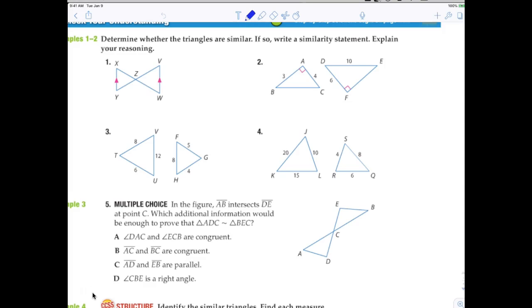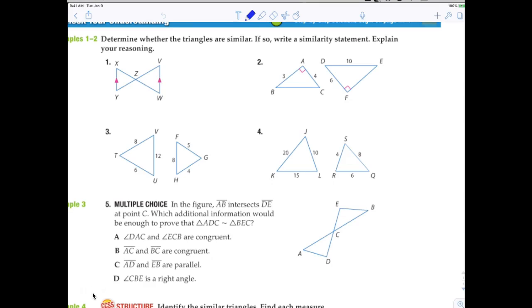The angles are all the same, but the shapes are not similar. Triangle is unique. If the angles are congruent, then the triangles are automatically what? Similar. They're automatically similar. So this is the only polygon that is true for.